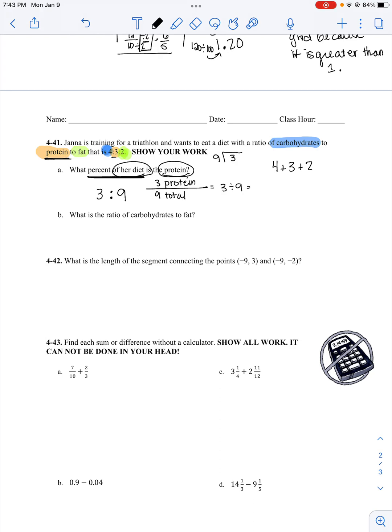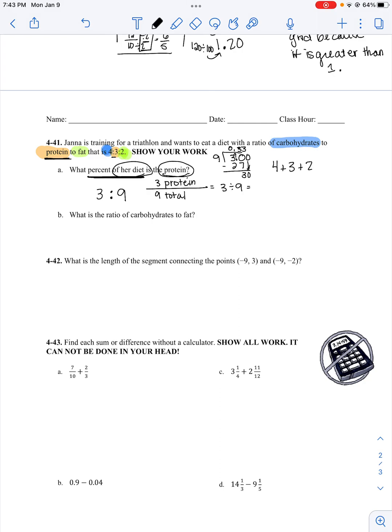Or I can do this. 9 doesn't go into 3. I have to draw a decimal point, add a 0. 9 goes into 30 3 times, which is 27. 30 minus 27 is 3.